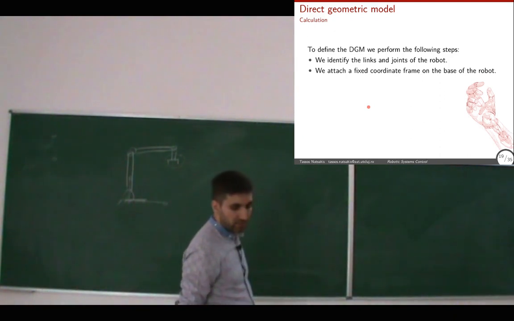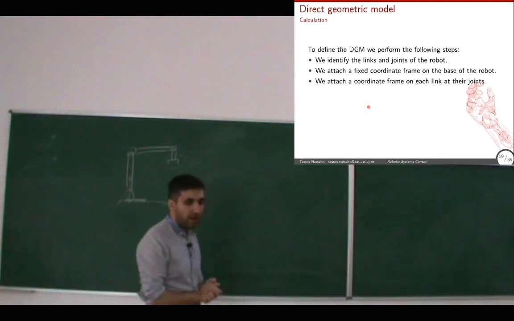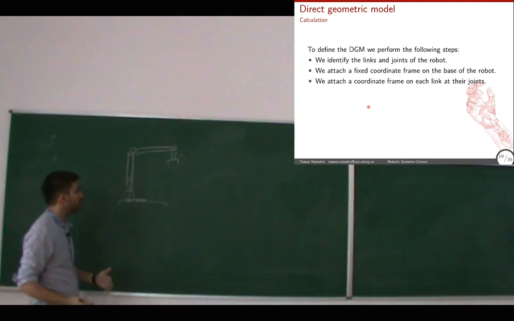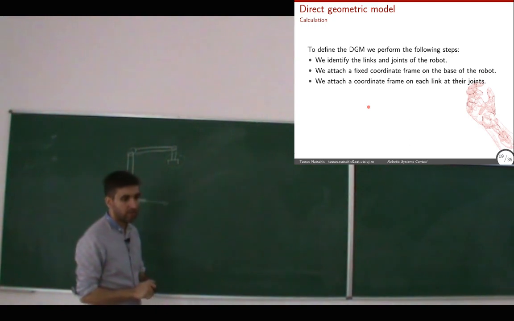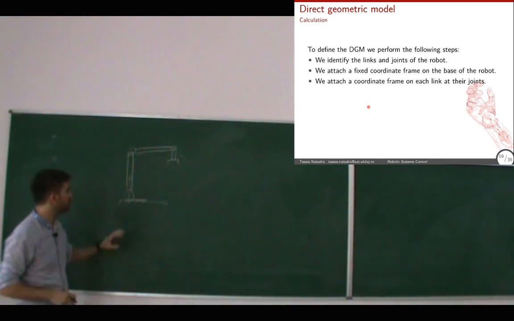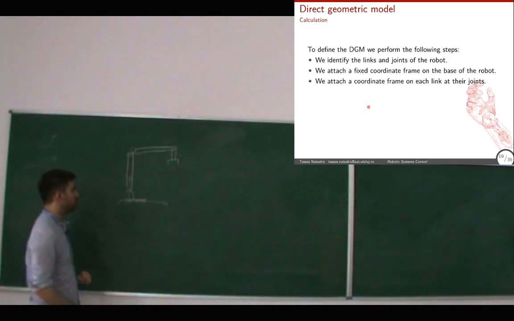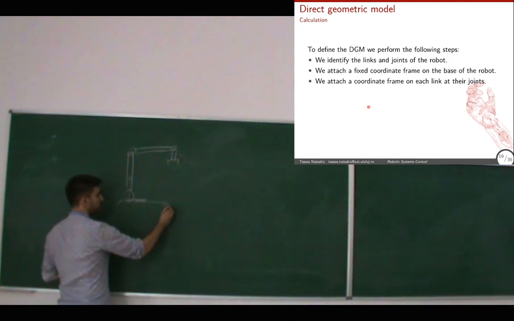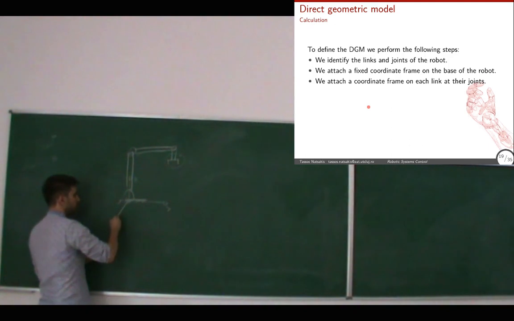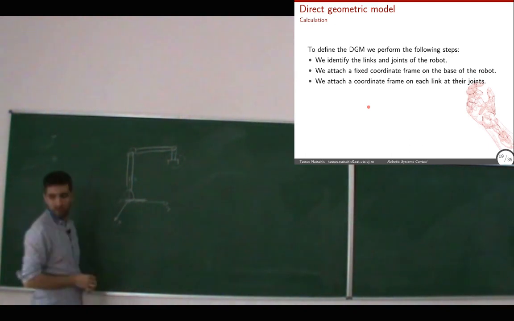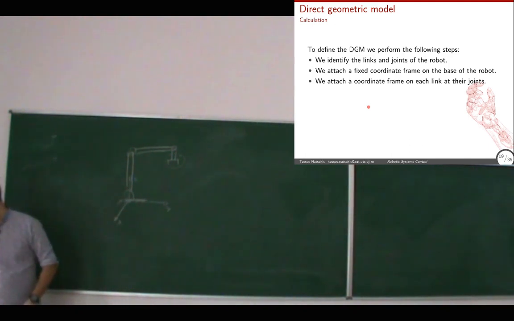So we attach this fixed coordinate frame at the base of the robot, and then we attach a coordinate frame at every joint. Okay, at every link at the position of the joints. Okay, so I have a coordinate frame here, for instance. Let's say this is Y, this is Z, this is X. Maybe I should use colors.